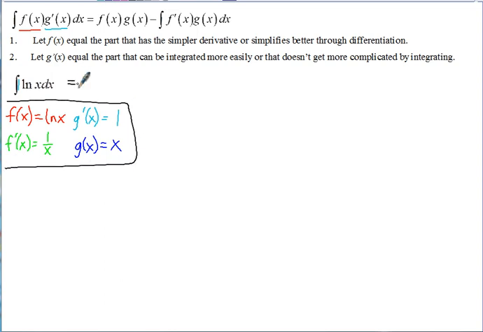So this integral equals f of x, which is natural log of x, times g of x, which is x, minus the integral of f prime of x, which is 1 over x, times g of x, which is x, and then times dx.